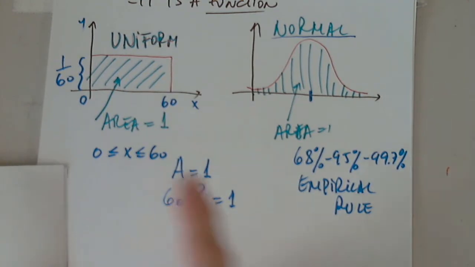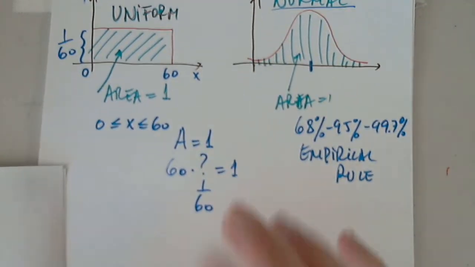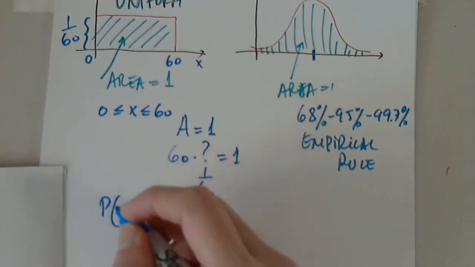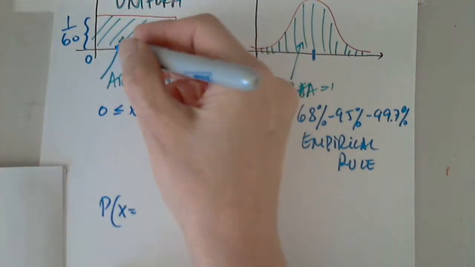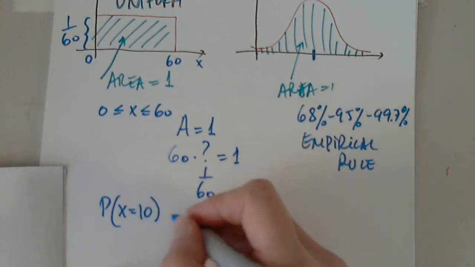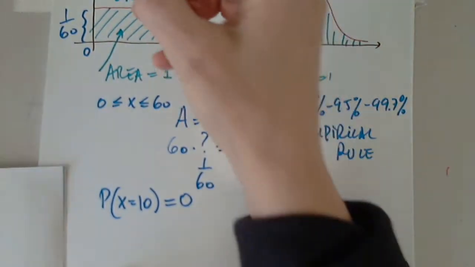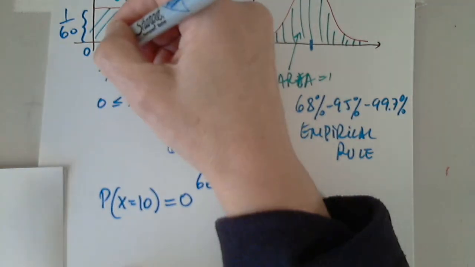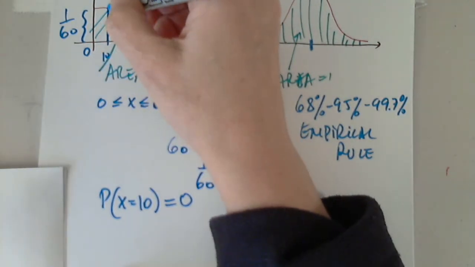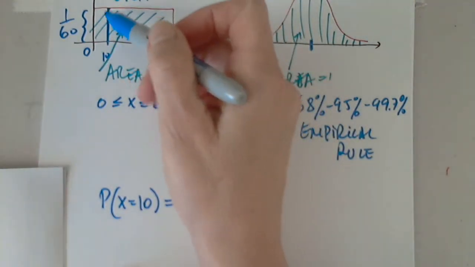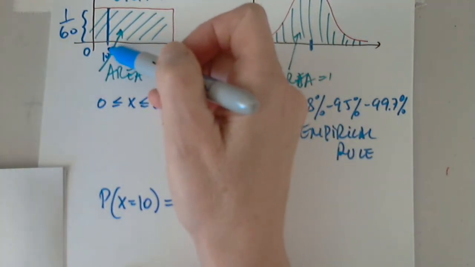However, for a continuous random variable, if I want to determine right here the probability for x to be, let's say, 10 minutes, the answer is 0 because there is no area. So if this is 10 and I'm only asked to determine this, it has to be base times height, but there is no base.